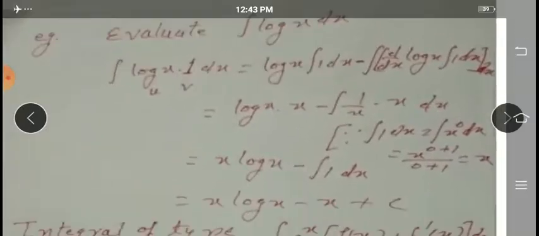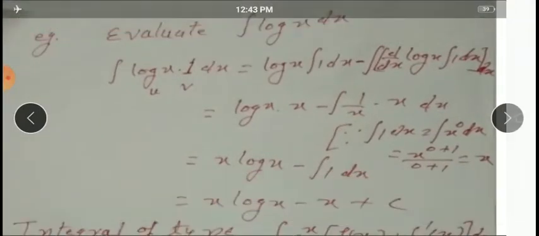Now see the next question, that is, the next example. Evaluate integration of log x. This has only one function, log x, no second function, but we can write 1 as the second function to use integration by parts. Log x is u, means first function, 1 is v, that is second function.